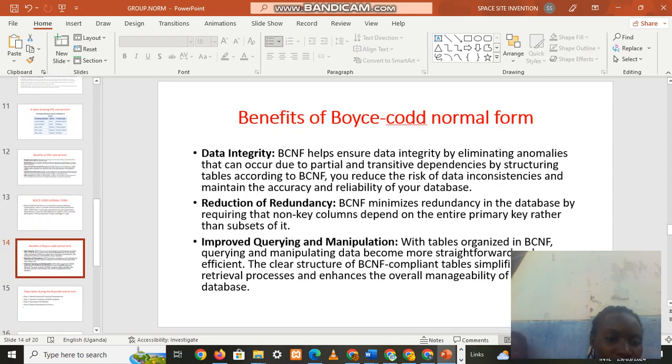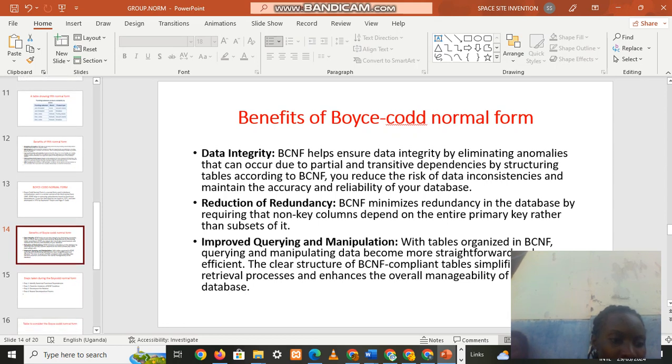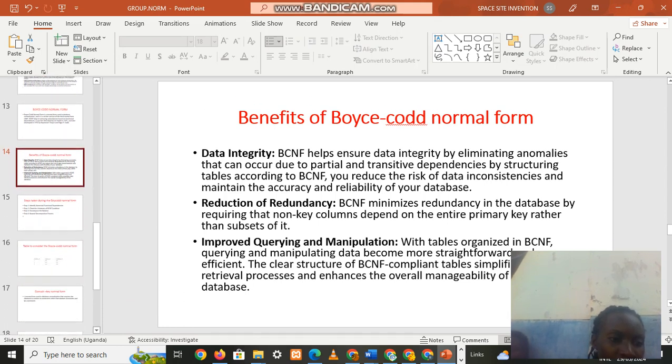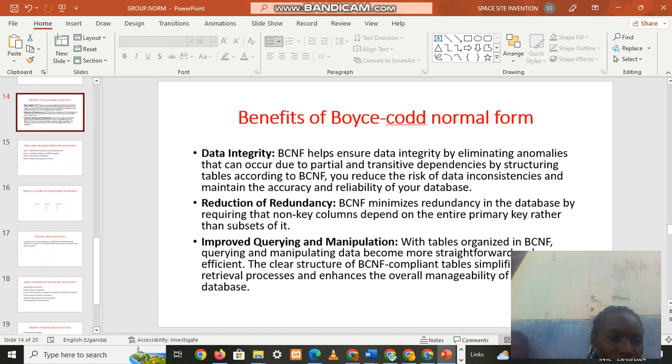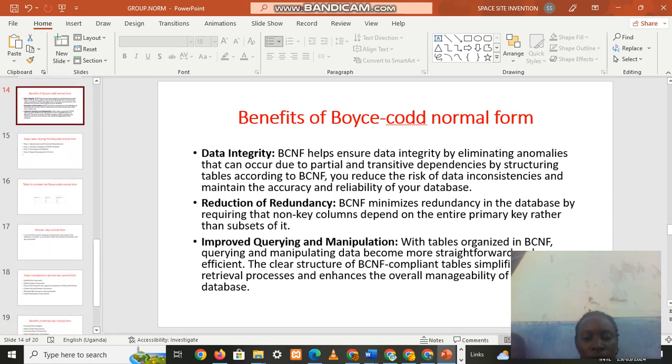The benefits of Boyce-Codd normal form. We have data integrity, reduction of redundancy, improved querying and manipulation, of which data integrity and reduction of redundancy, we have seen them in different normal forms, the fourth, fifth, and here also.